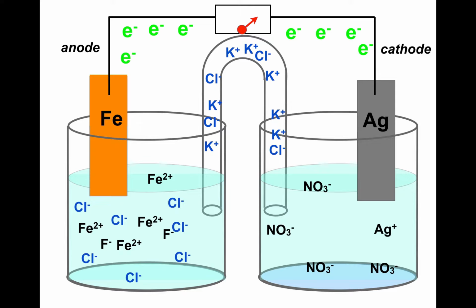Over on the cathode side, where I'm building up a negative charge, the cations, right, the potassium ions run over to this side to cancel that buildup of negative charge. And in this way, the electrons will keep flowing. So as long as we don't build up a charge, the electrons will keep flowing from the anode over to the cathode.